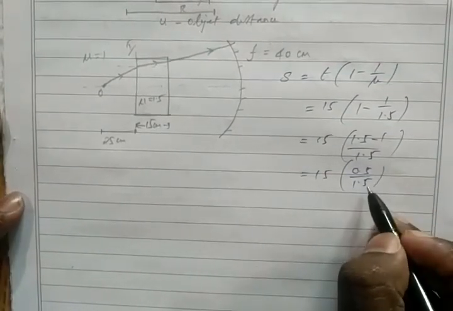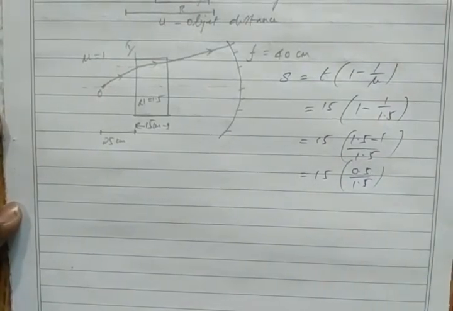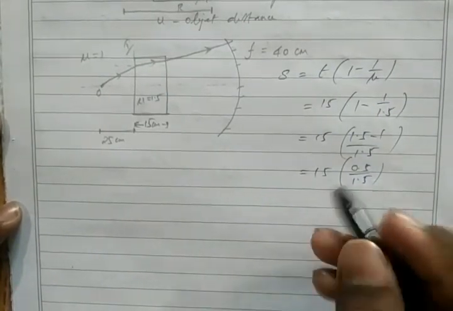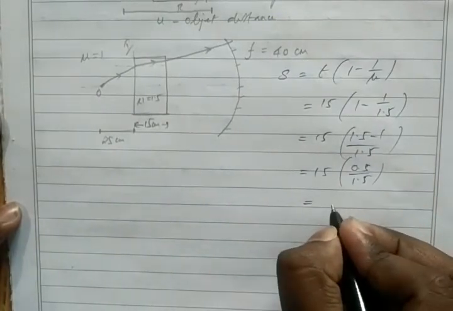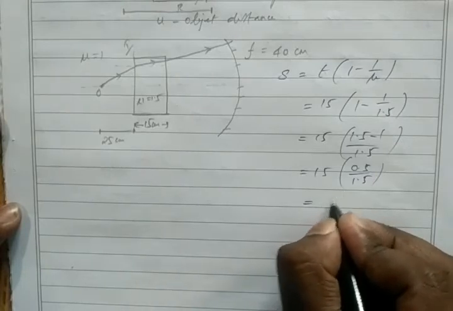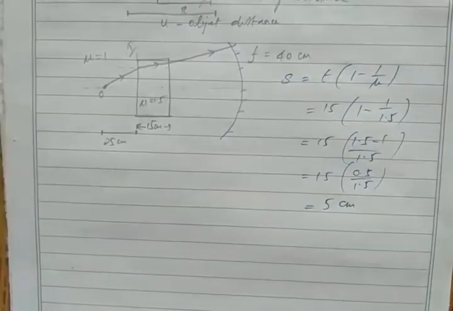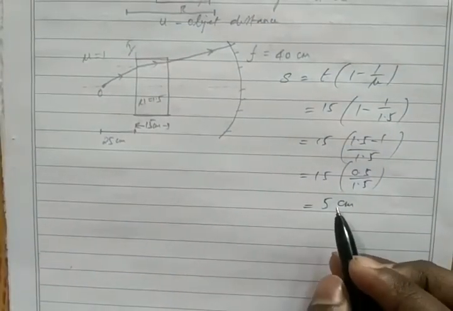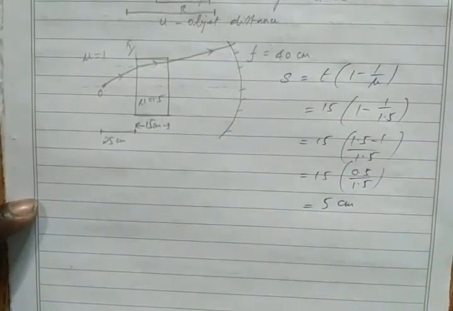So 5 by 15 will be 1 by 3. 1 by 3 is 0.333. So 0.33 into 15, okay, we will take 0.3. Here we have 5 centimeter. Correct? Not exactly 5, but nearly 4.999 something. So we will round it off to 5 centimeter.